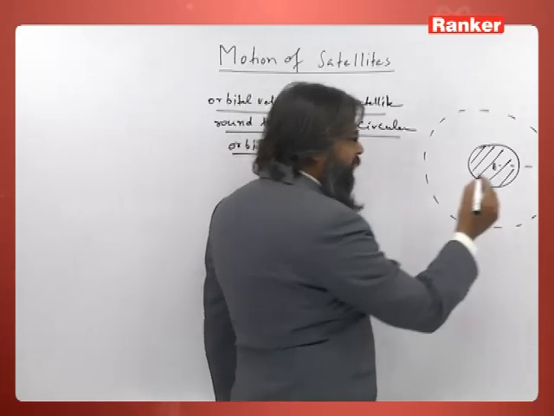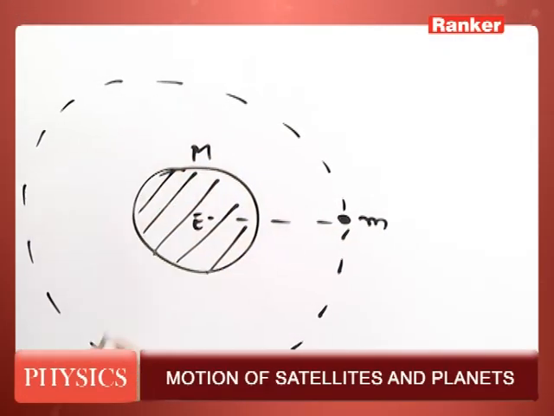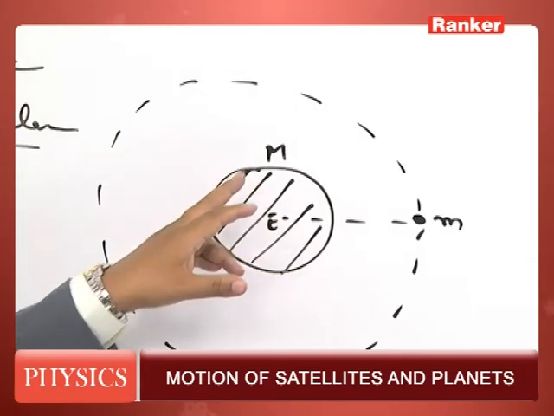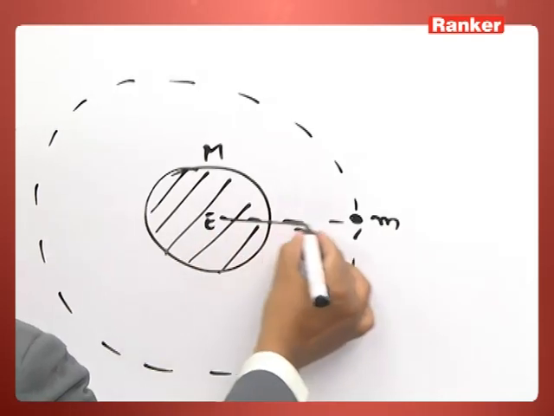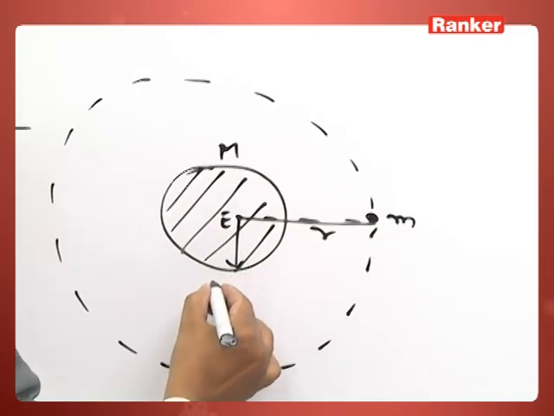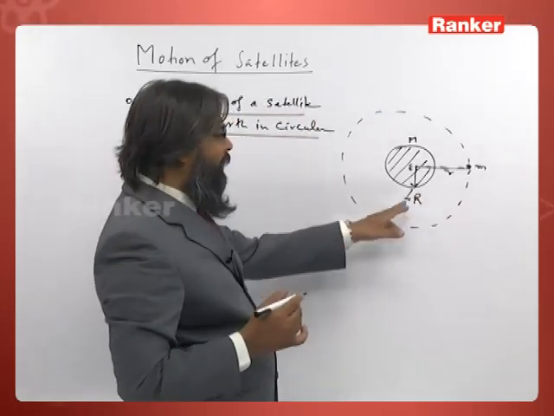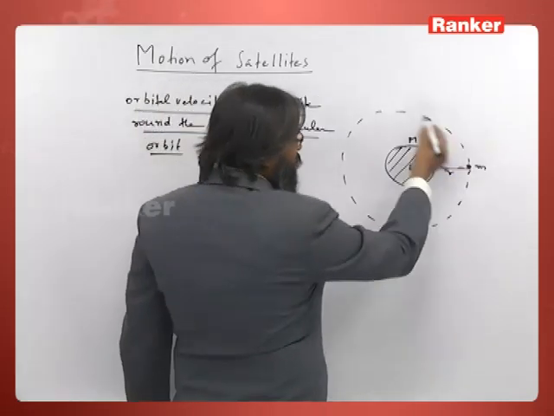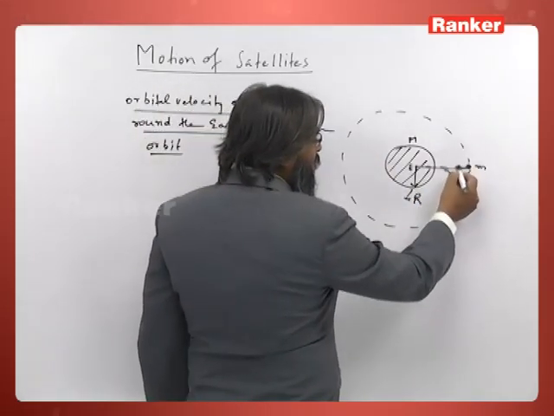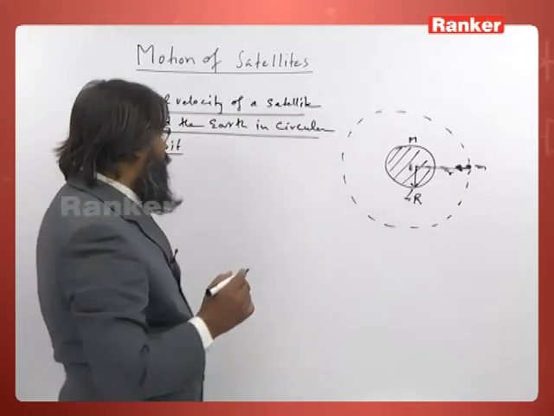Now, this satellite has a mass m and the mass of earth is capital M. Let us assume that this distance is small r, and I have reserved the capital R to be the radius of the earth. When a body moves in a circular path, the necessary centripetal force is given by gravitation.